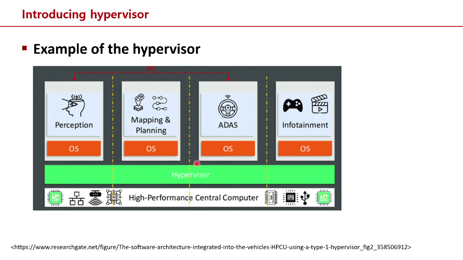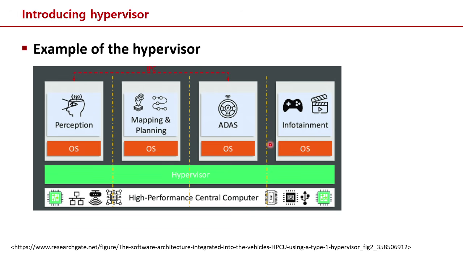So in this case, the hypervisor is responsible for managing the virtual machines or guest OS. The role of the hypervisor is to manage the hardware resources so that they are adequately allocated for the guest OS or virtual machine.